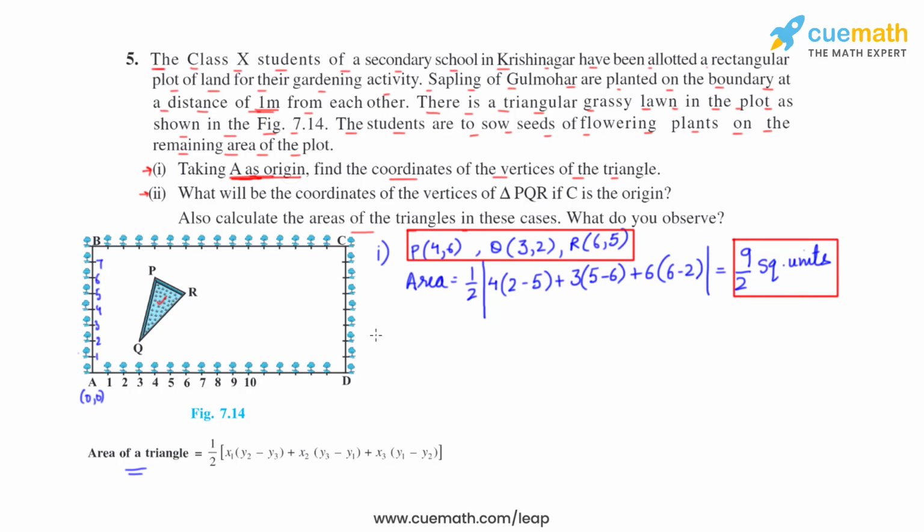That is, you can say, when C is the origin. So if C is the origin, then take CB as x-axis and CD as y-axis.